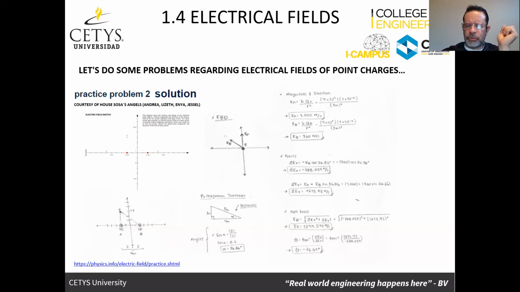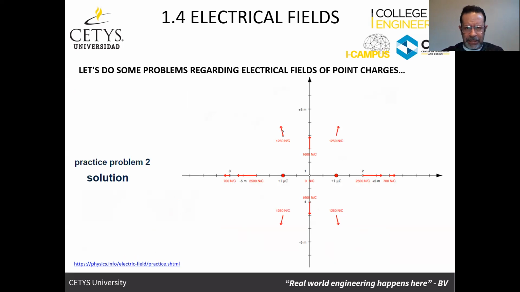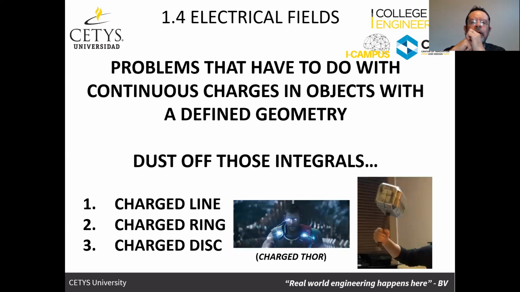I want us to start thinking about, and this is kind of a summary of the resultant forces, electrical fields, I'm sorry, that are interacting. We're going to start talking about this. Up to this point, we've been talking about point charges. So a point charge, again, is defined as this point in space that has an electrical charge.